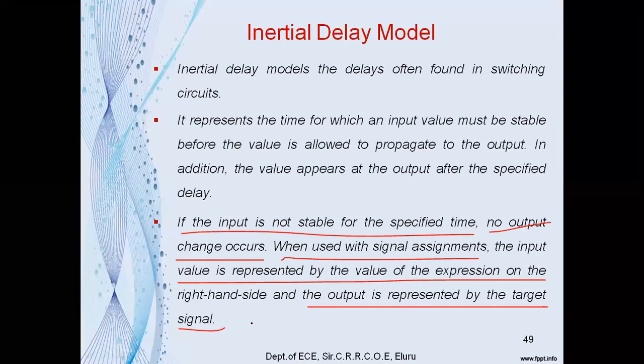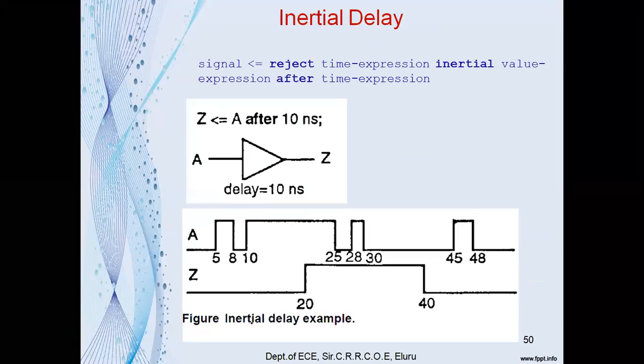For writing this inertial delay, we use the signal assignment statements, and in that statement the inertial value is specified on the right side of the assignment expression, and on the left side we specify the output, which is the target signal. So we will see the syntax here.